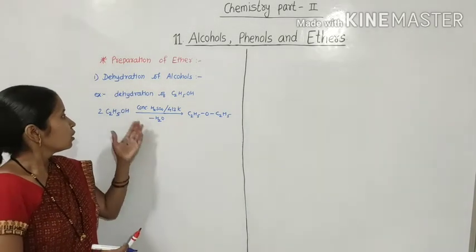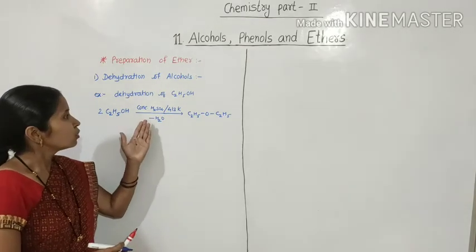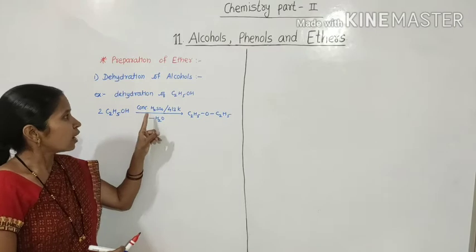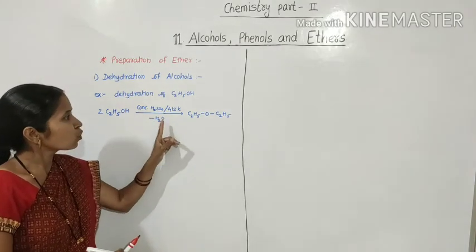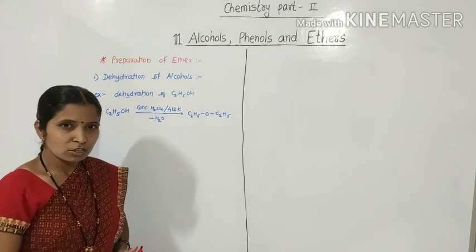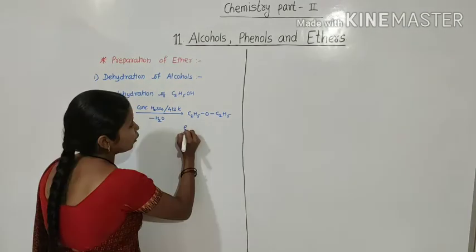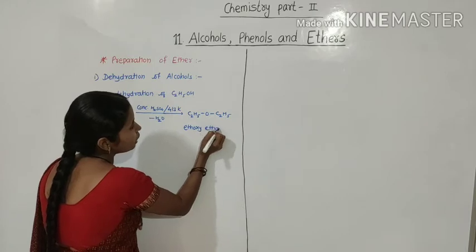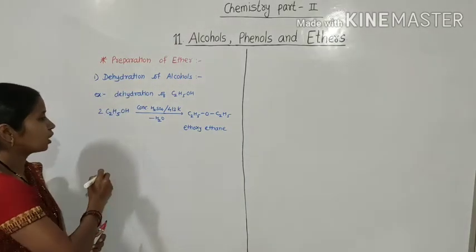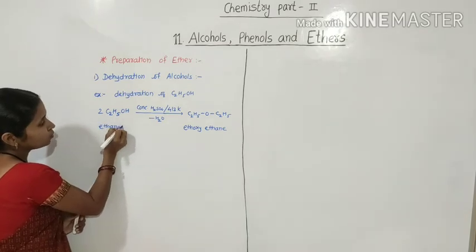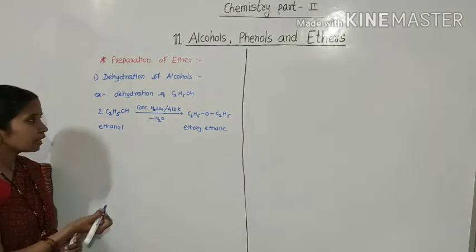Here ethyl alcohol is heated with a dehydrating agent like concentrated H2SO4 at 413 Kelvin to form ethoxyethane. The IUPAC name of the compound is ethoxyethane. This is prepared from ethanol.